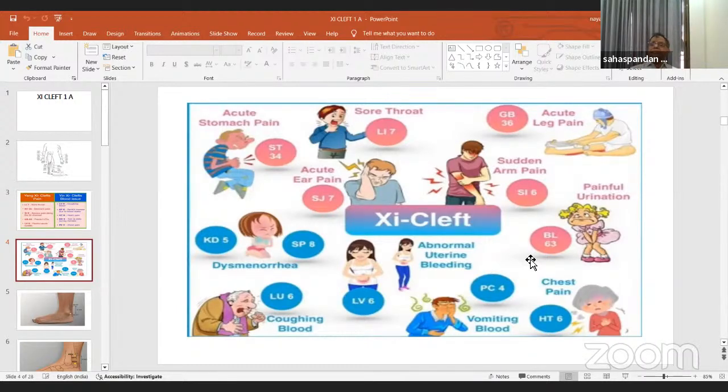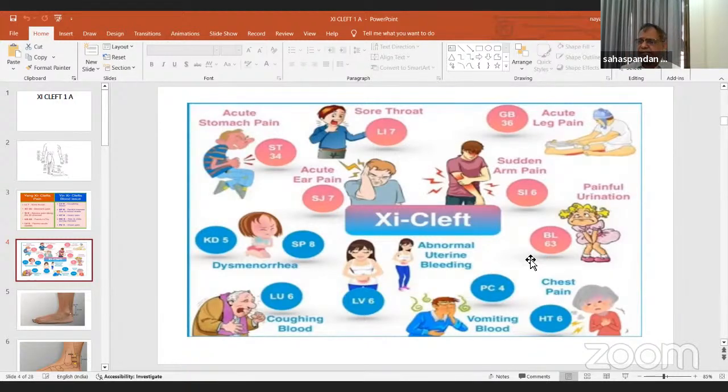And bladder 63. Bladder 63 is for painful hernia like disorder. If someone has a painful hernia, use bladder 63. And one more tip I am giving to you. In case of hernia, apply the master tung point 11.01, 11.02, 11.03, and 11.04 on the contralateral, opposite side.